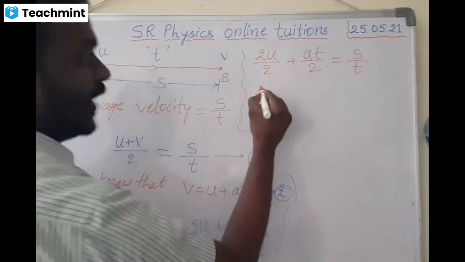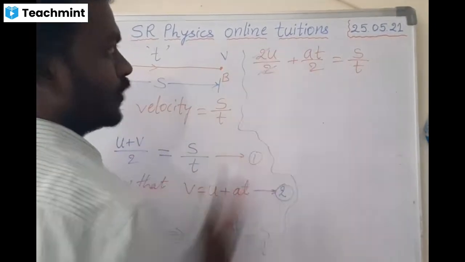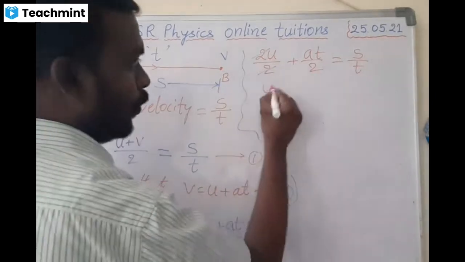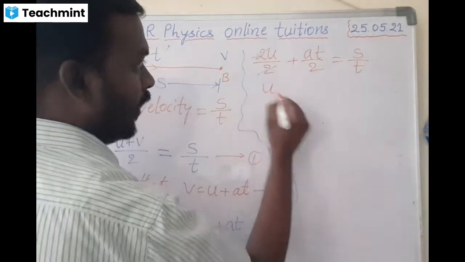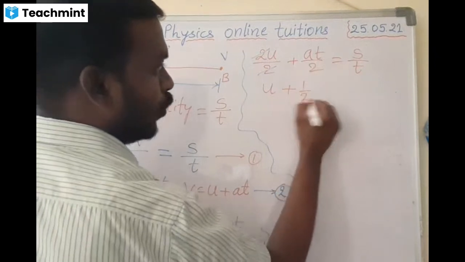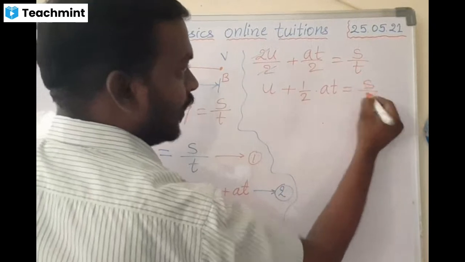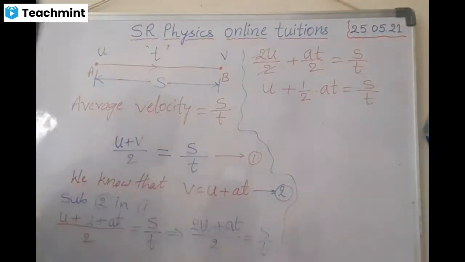Then 2 and 2 are going to get cancelled. Then U by U only is coming, plus I'm writing this as 1 by 2 into AT is equal to S by T.